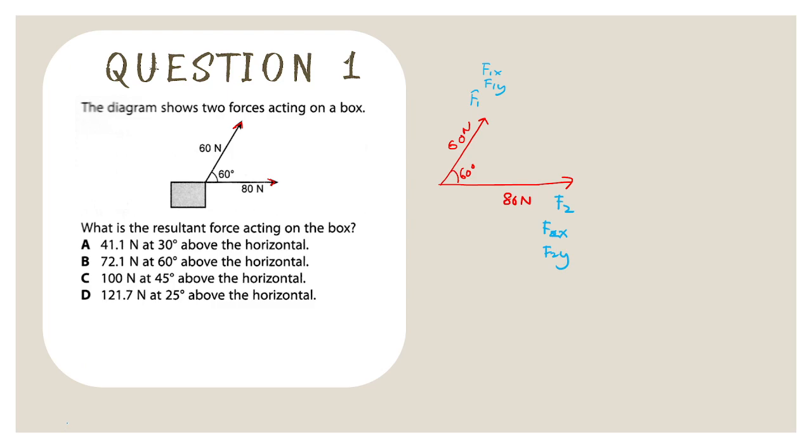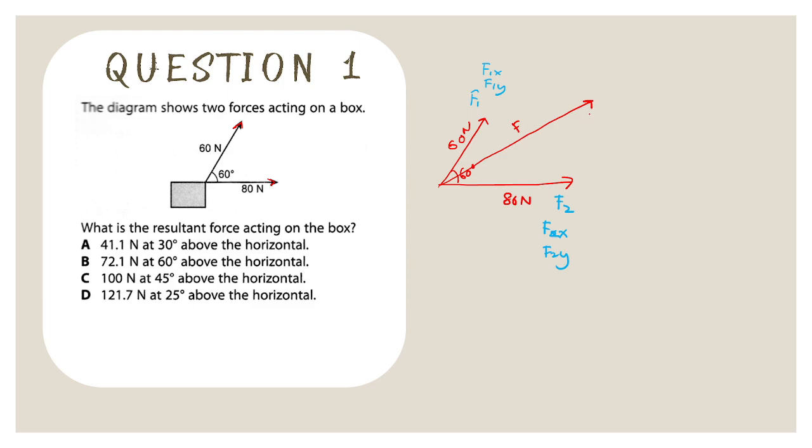As we see, you have 60 Newton and 80 Newton over here, and the F should be going in this way. Using the parallelogram method, you know that the resultant force is going in a diagonal line like this.